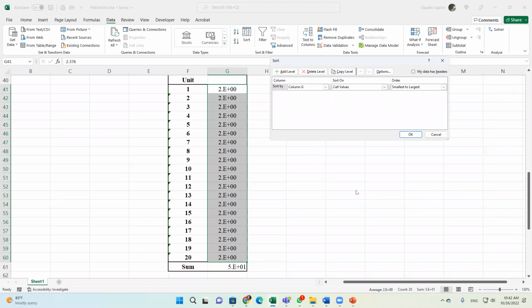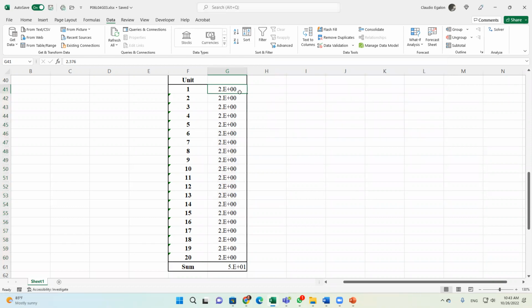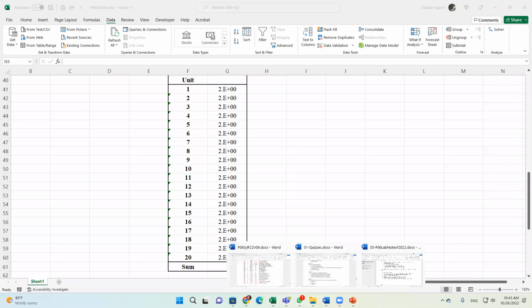Make sure you have the smallest to the largest value. You also have the largest to the smallest, but you don't want the largest to the smallest. You want the smallest to the largest value. You click OK, and it should sort for you. So that's one more thing to put in our list.